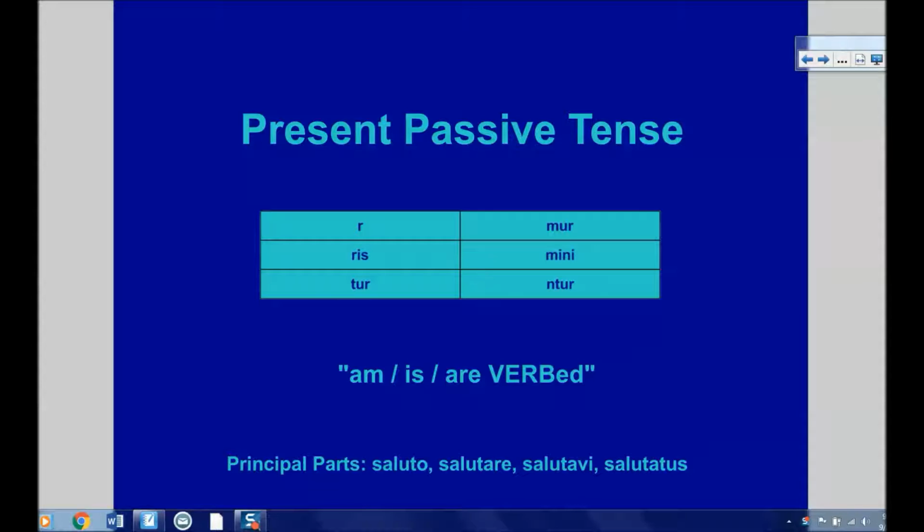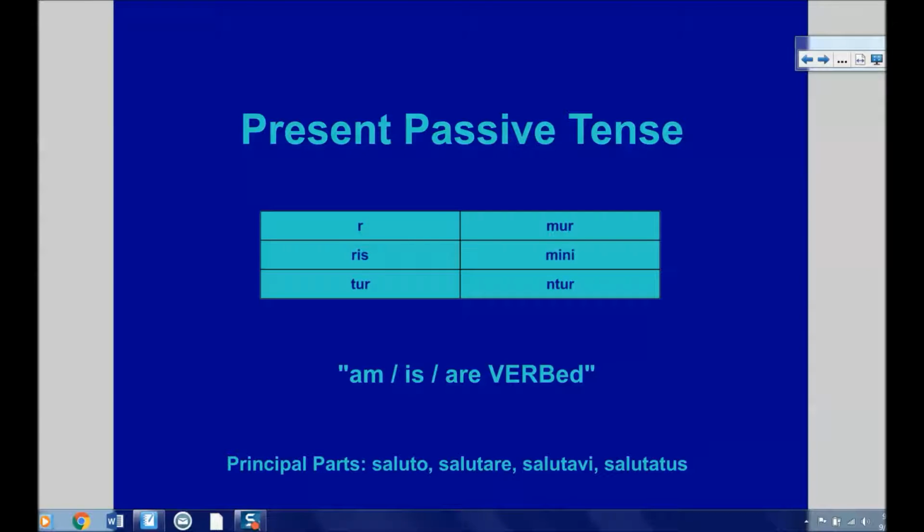But for now, I just want to talk about how you identify the present passive, how it's translated, and then give you some actual practice. Present passive is going to be translated "am verbed," "is verbed," or "are verbed," depending upon what the subject is.